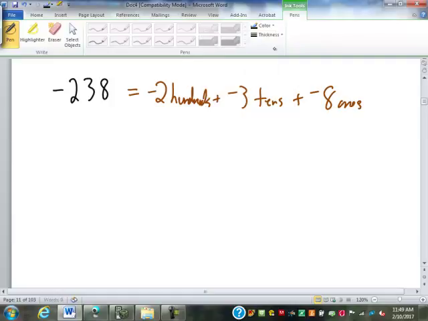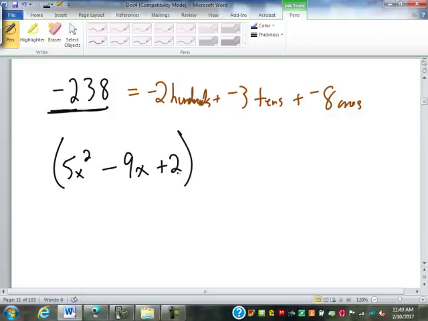But in an algebraic number, each digit can be positive or negative on its own. Whereas in these integers, either every digit's positive or every digit's negative. So I can have 5x squared minus 9x plus 2, where the 5x squared and the two ones are both positive, and that 9x is negative. So I'm going to add that to negative 3x squared plus 7x minus 13.